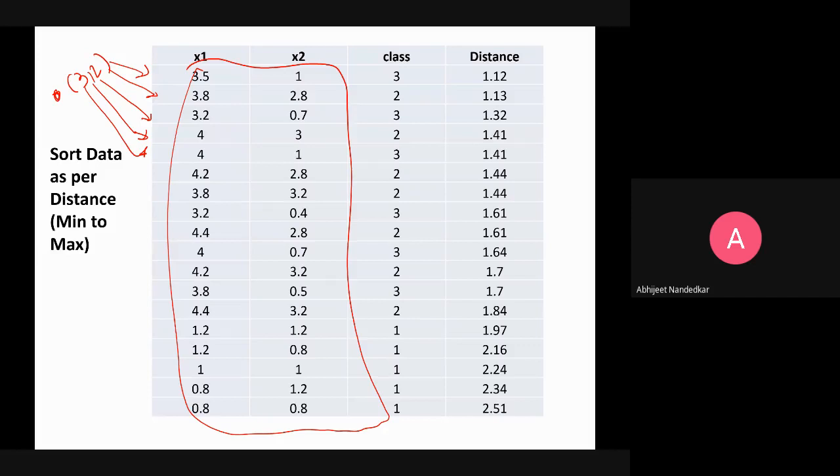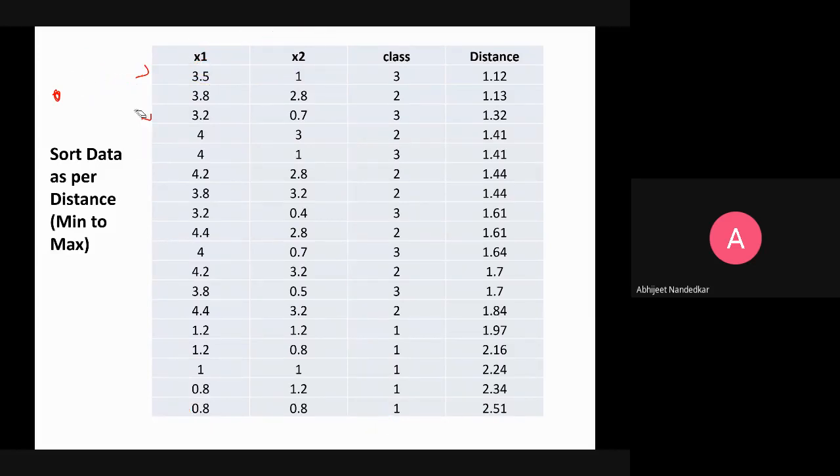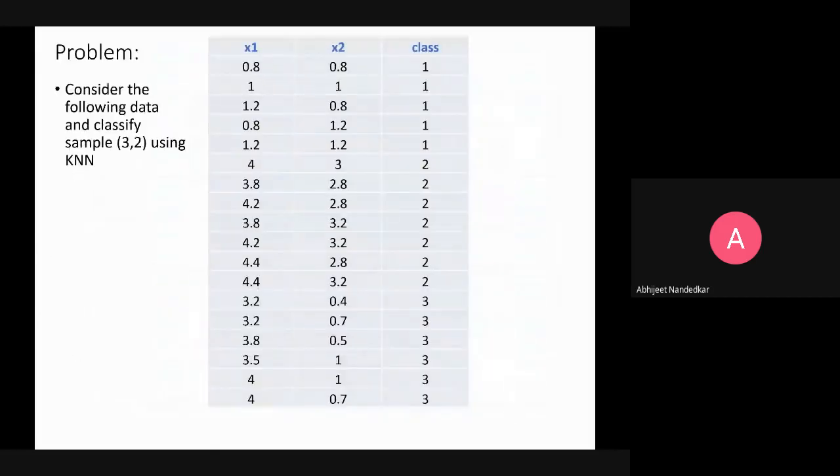This is our features x1 and x2. One sample here means this thing, and this belongs to class 3. The second sample here belongs to class 2 and so on. So this was the list. A few samples belong to class 1, a few to class 2 and a few go to class 3.